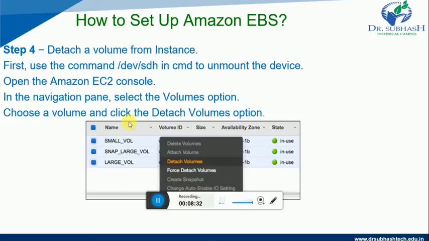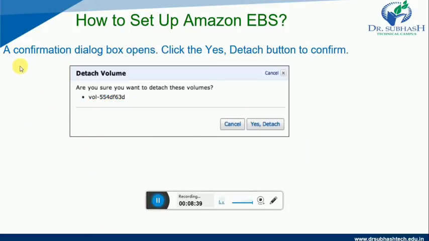Then choose a volume and click the detach volume option. Now a confirmation dialog box will open. Click the yes and detach button to confirm. So here you can see in this picture detach volume. Are you sure that you want to detach this volume? Here you have the selected volume that you have added. If you confirm this, then you have to give yes, detach.